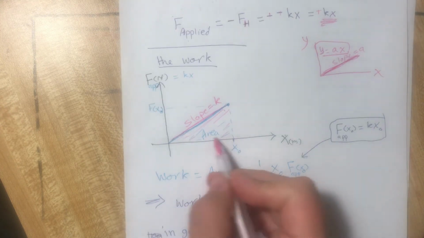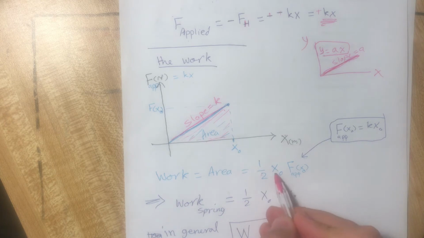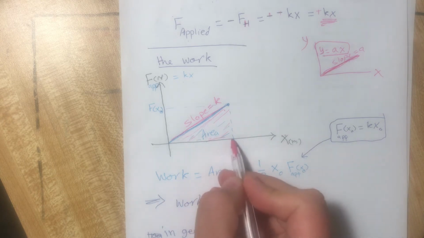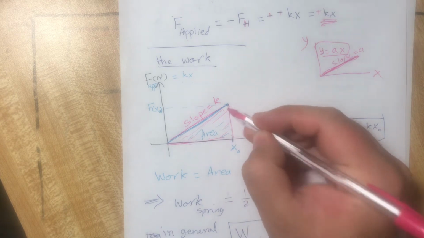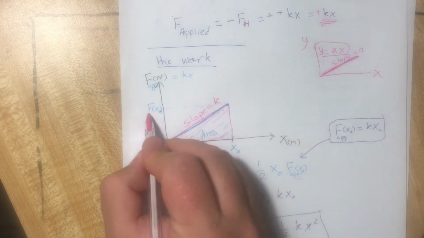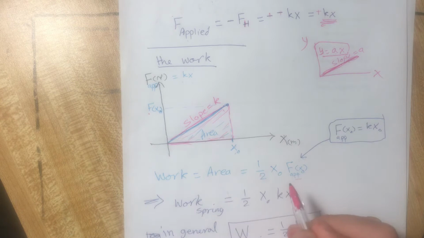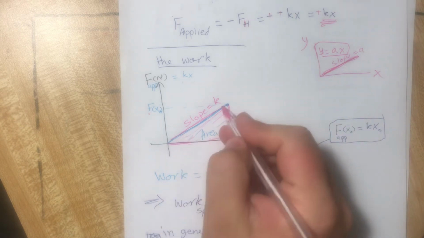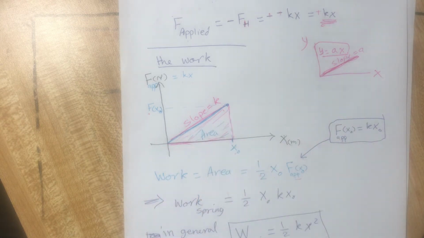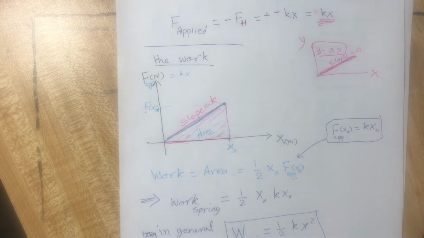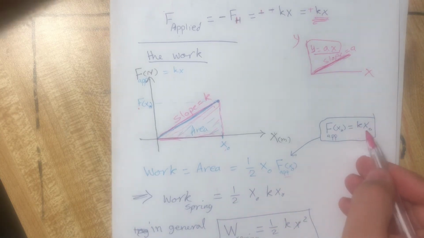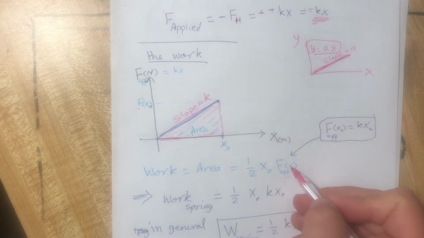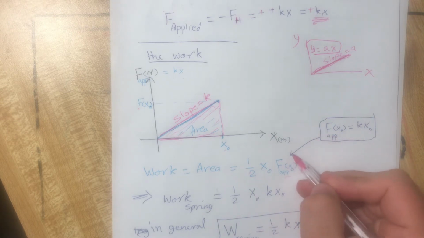The area of a triangle is half multiplied by the base, which is x naught, multiplied by the height, which is the force at x naught. Okay, this is a changing force. It is not a constant force. F applied is equal to k multiplied by x naught at x naught.